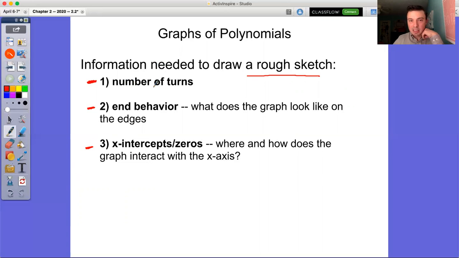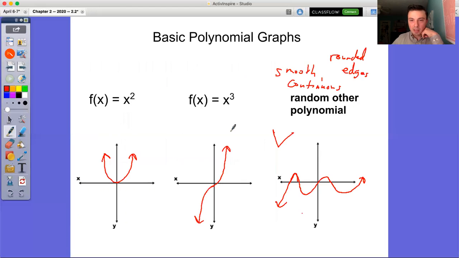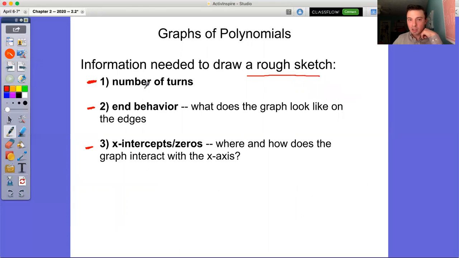So number of turns is somewhat self-explanatory. It's how many times this thing turns around. So like this one over here would turn 1, 2, 3, 4 times. So we have 4 turns. This has 0 turns. It doesn't turn around at all. This one has 1 turn. That's what I mean by number of turns. You don't have to write that down. We're going to go over these specifically.